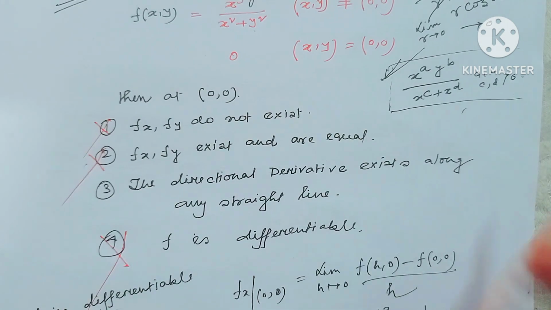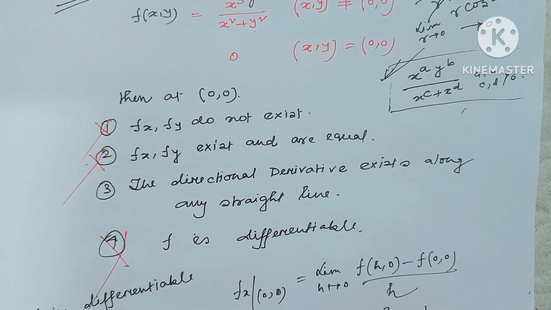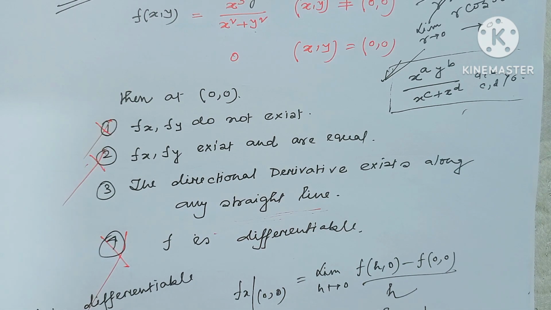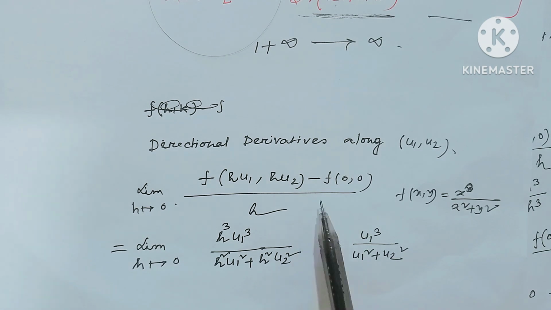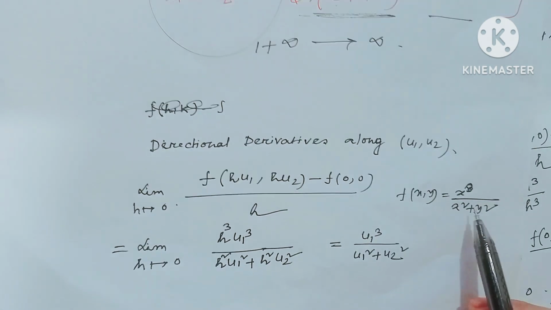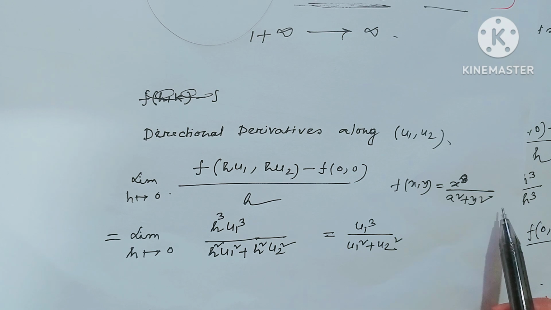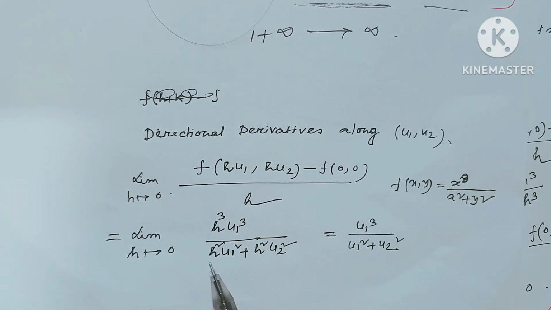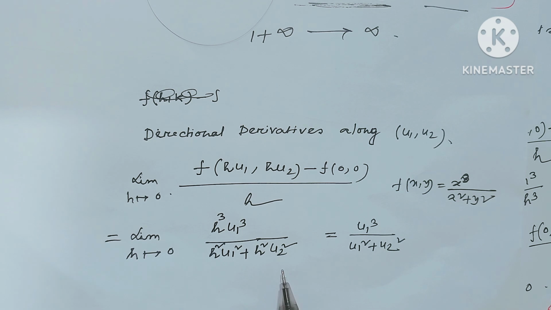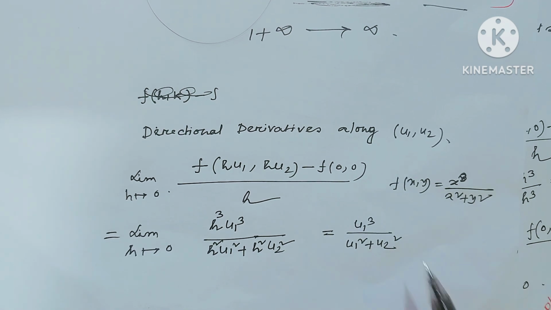And option 3: the directional derivative exists along any direction, along any straight line. Is it true? For this, I will look at the directional derivative at the point (0, 0). It is the limit as h goes to 0 of f(h u1, h u2) minus f(0, 0) over h, where f(x, y) is x cube divided by x square plus y square. Just putting in the value, this is h cube u1 cube divided by h square u1 square plus h square u2 square, so the value is u1 cube divided by u1 square plus u2 square.